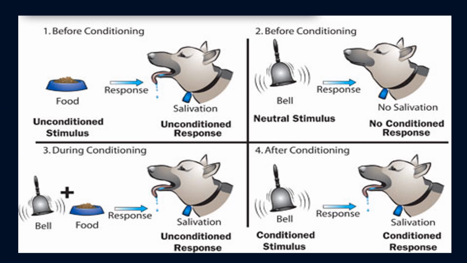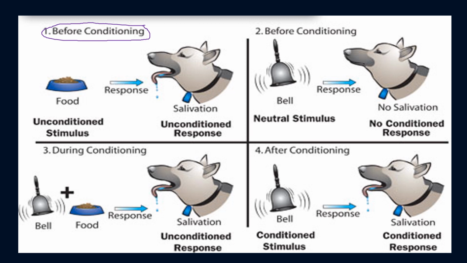Okay, so this is quite a nice way to express the stages in Pavlov's procedure. So what he did was he started off with the first test of the dogs. This is before any conditioning takes place to any kind of neutral stimulus.